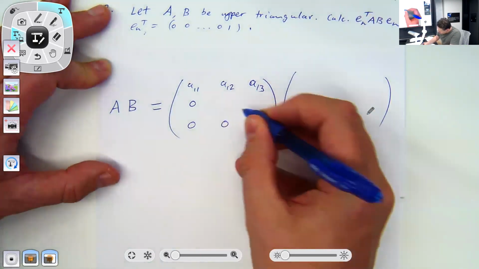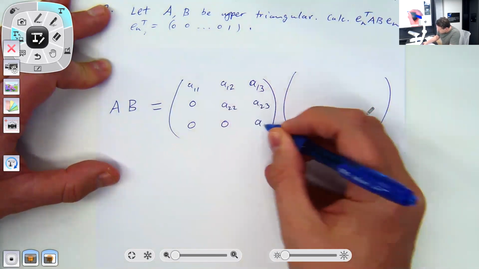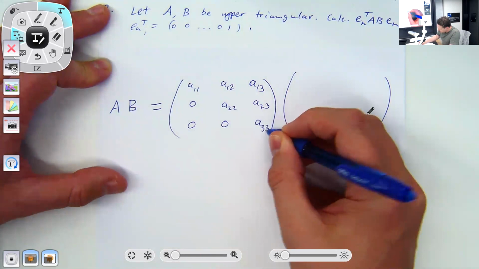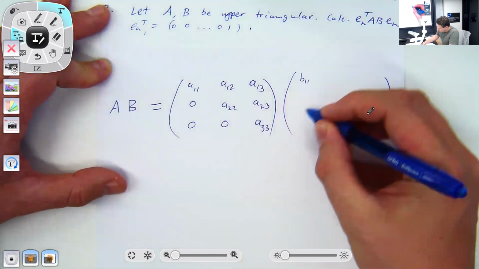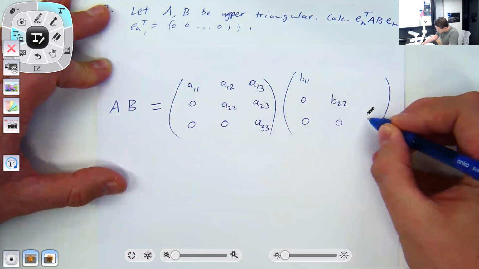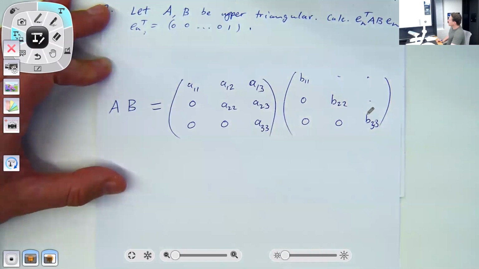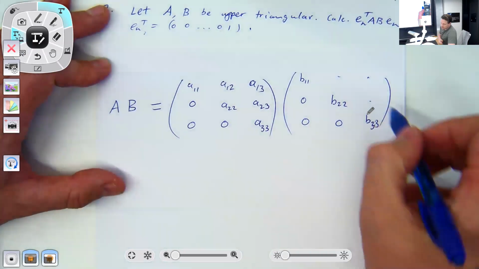Okay, so I have a 0 there, I have A22, and then I have A23. And then I have A33 there, and this looks just the same, right? So I have B22, B33, and so on, right? Just with B's there.